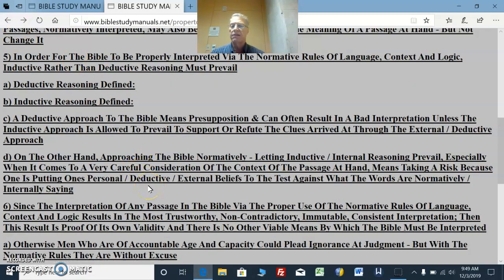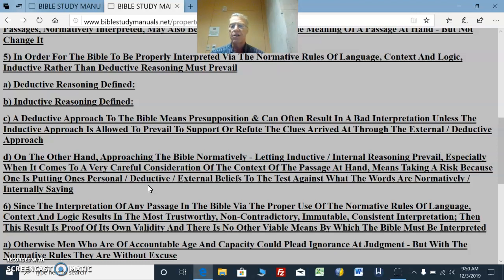On the other hand, approaching the Bible normatively, letting inductive, internal reasoning prevail, especially when it comes to a very carefully considered consideration of the context of the passage at hand, means taking a risk because one is putting one's personal, deductive, external beliefs to the test against what the words are normatively, internally saying.